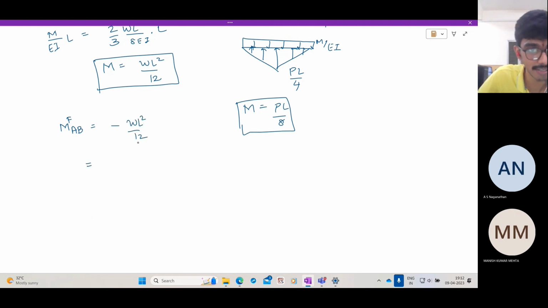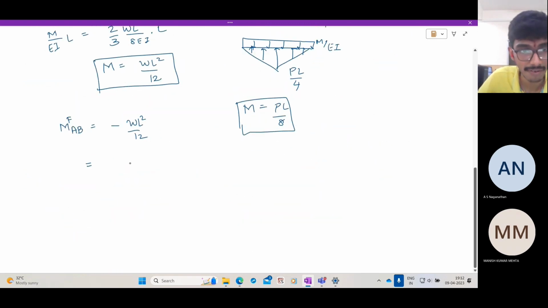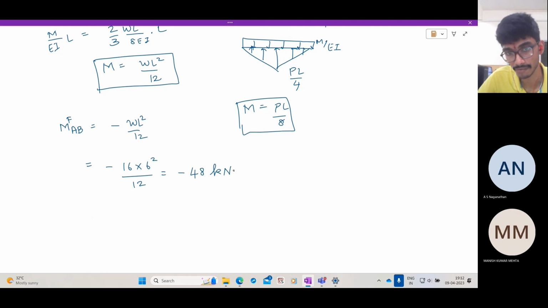And W is how much? It is 16, L is 6. So we have minus 16 into 6 square by 12. It's nothing but minus 48 kilonewton meter. And what is MBAF? MBAF is plus 48 kilonewton meter. It's in the other direction.